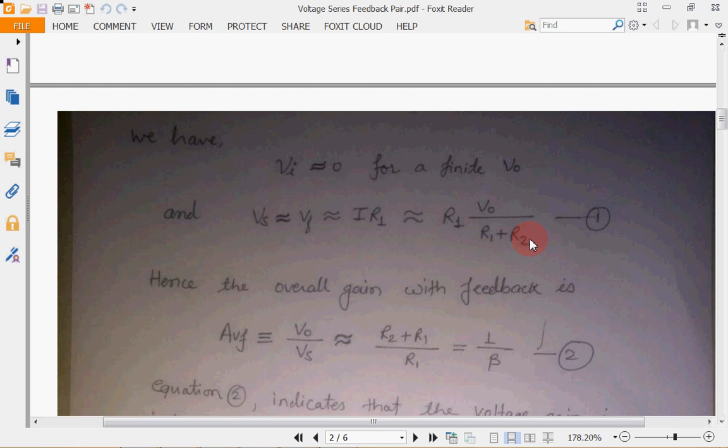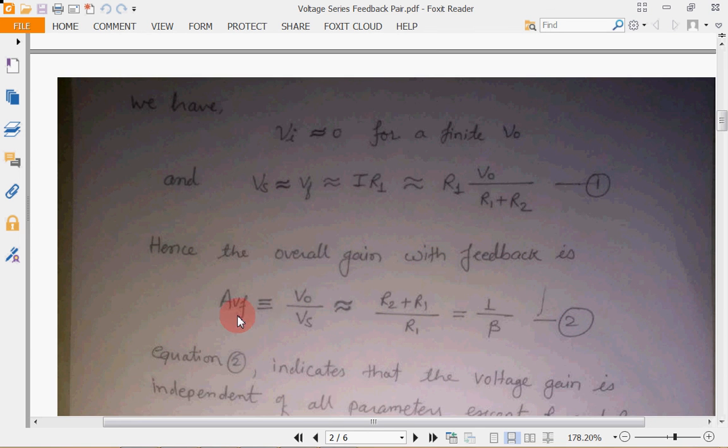So what will we get from this equation 1? We can find the overall gain with feedback, AVF, which is V naught divided by Vs. You just have to rearrange this equation. On the right hand side, we will get R1 plus R2 divided by R1.